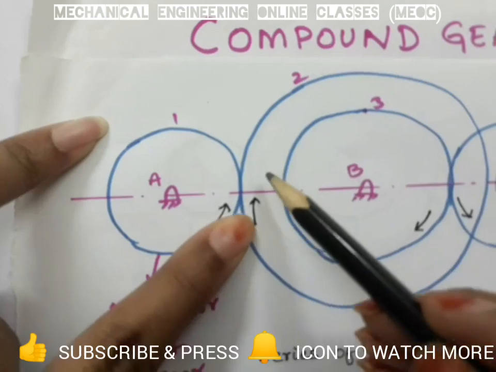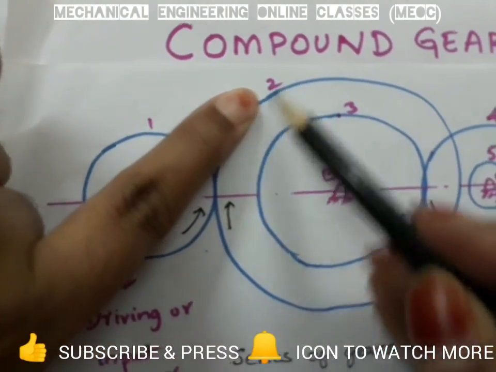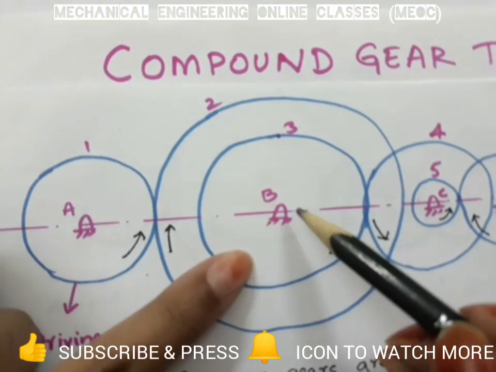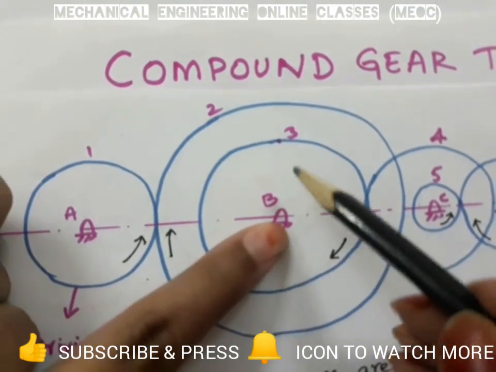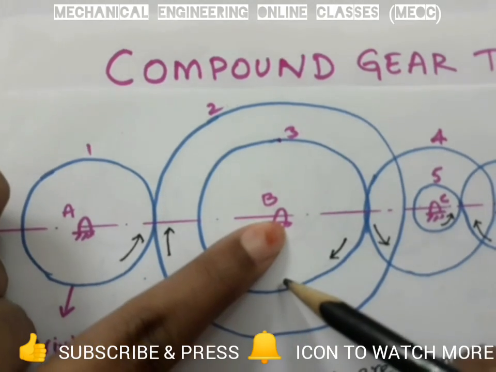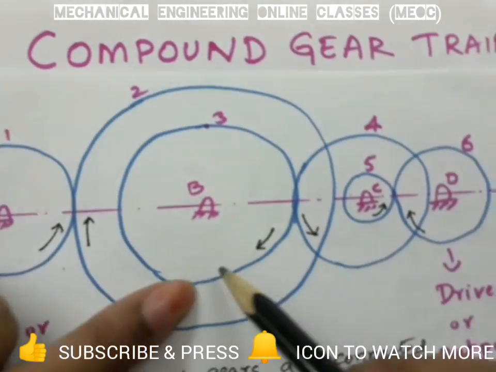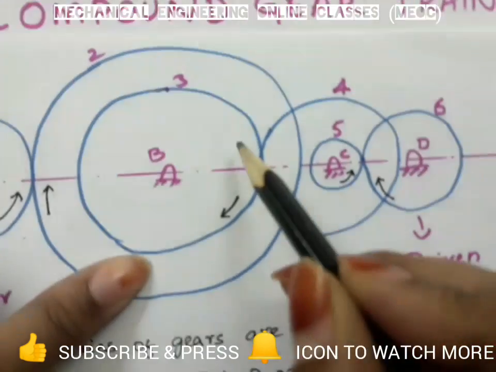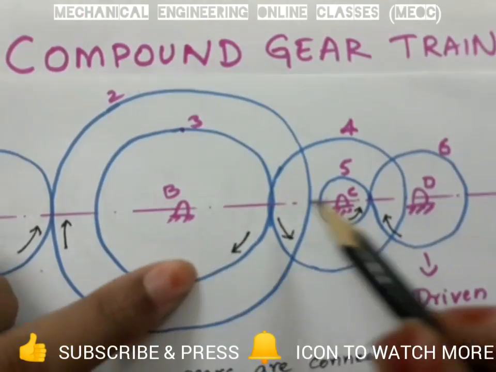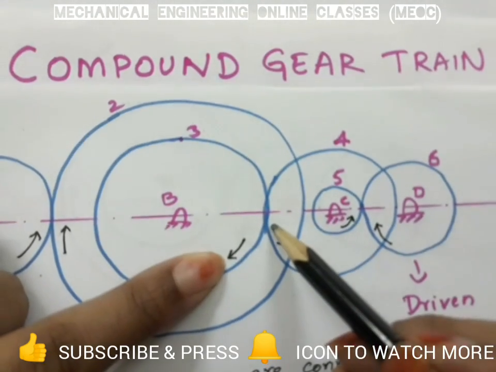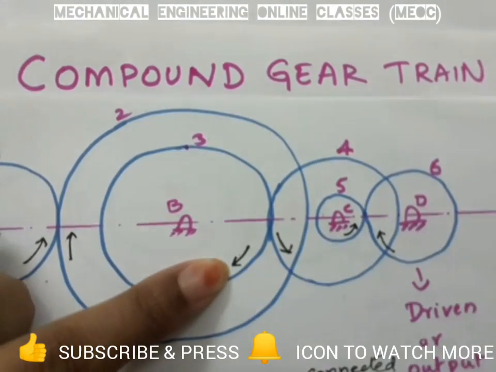Because gear 2 is rotating in the clockwise direction, the shaft also rotates clockwise, and because 3 is mounted on the same shaft, 3 also rotates in the same direction. Now 3 is mating with gear 4. Because 3 is rotating clockwise, gear 4 will rotate in the opposite direction to gear 3.